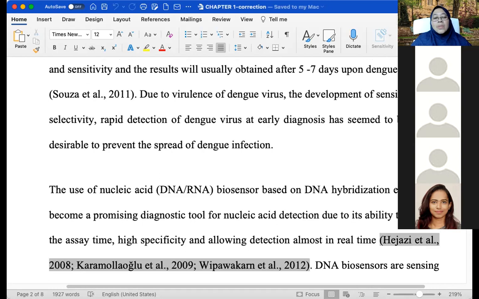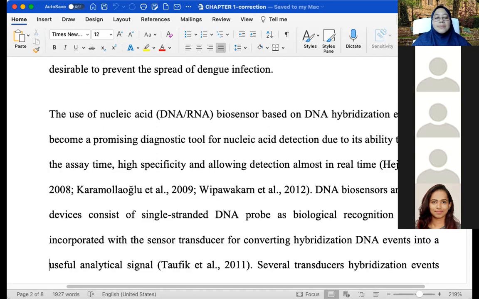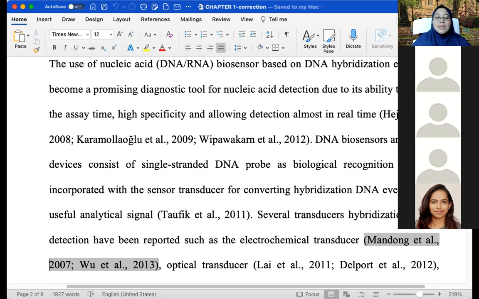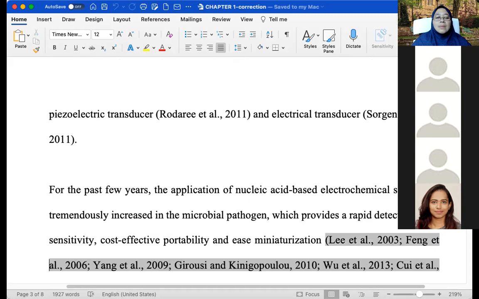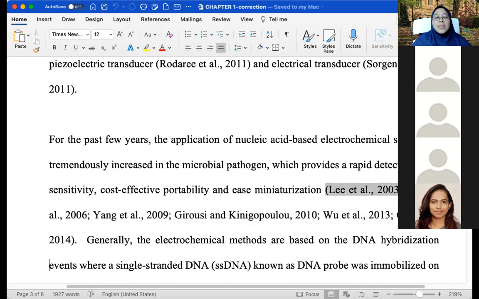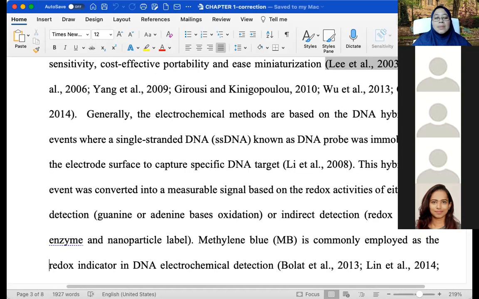And because he's doing a DNA-based biosensor, he talked a bit about DNA, the principle of how a DNA biosensor works. Not too much, but enough to introduce to the reader. A bit more, showing what people have done on nucleic acid or DNA-based biosensors.